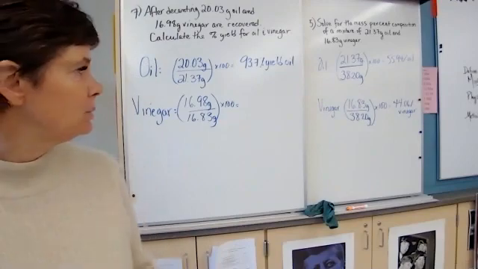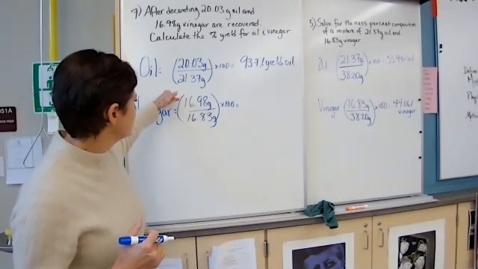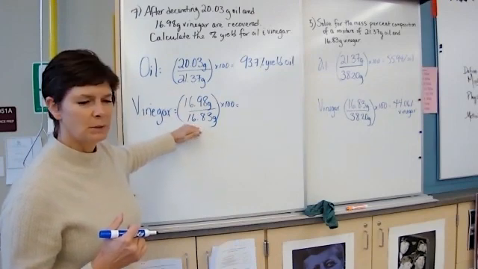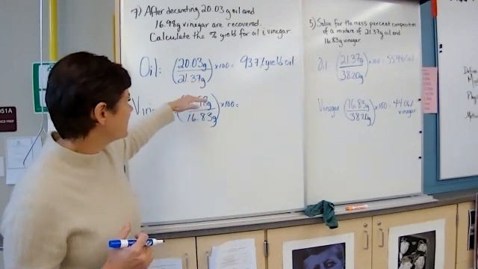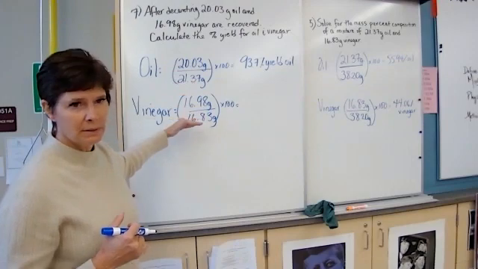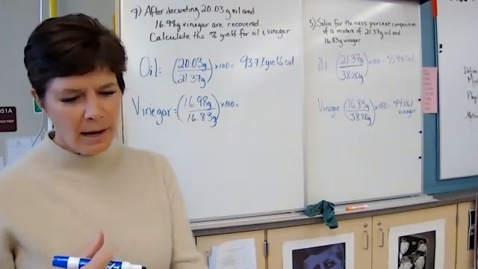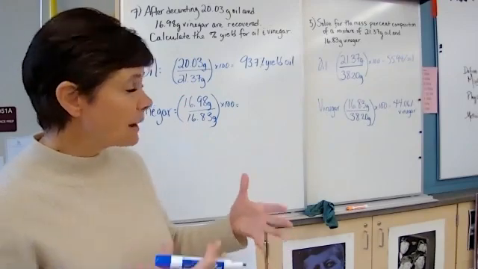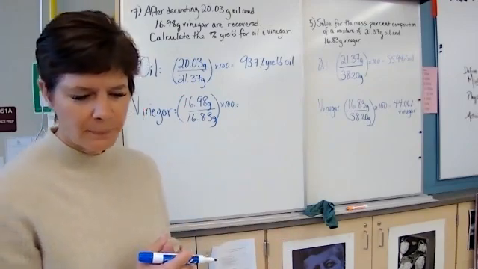That's going to yield, we can see that this value is greater than what we started with. And we can kind of guess that maybe some of the oil stayed in the vinegar layer, but we're going to do our calculation saying, okay, this is what we got for the vinegar.